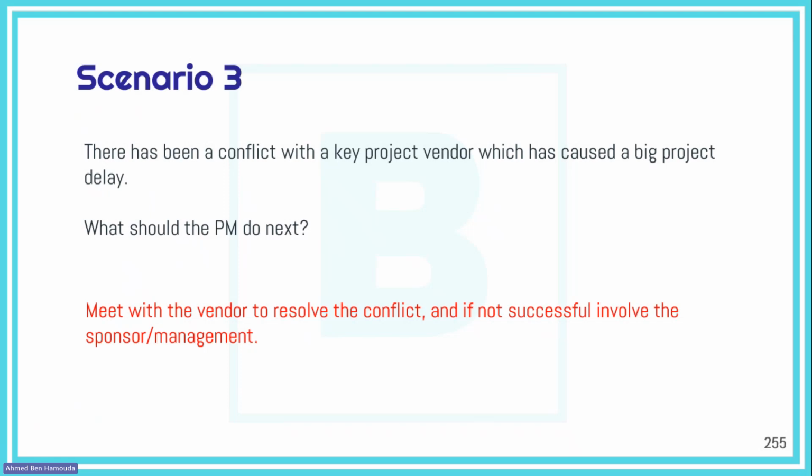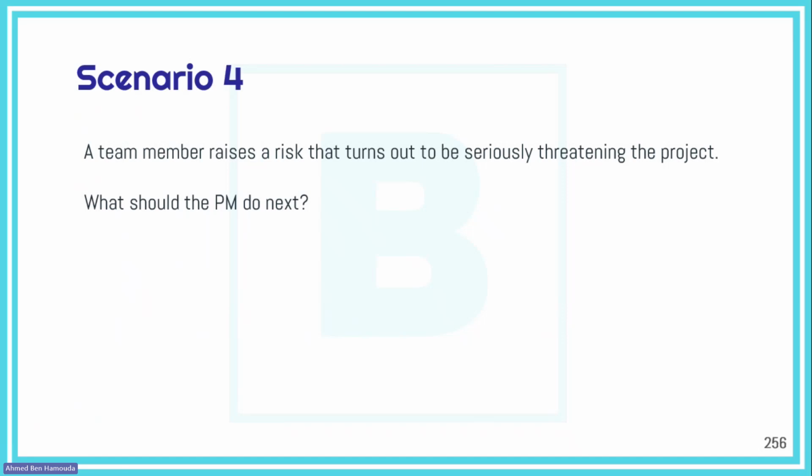You need to go discuss that conflicting situation or that issue. You try to reach an agreement with them. And if you're not successful, then you might need to involve the sponsor or the management. But first of all, you need to try the face-to-face, direct communication with them, as much as possible. All right. Now that's scenario three. Let's go to scenario four.